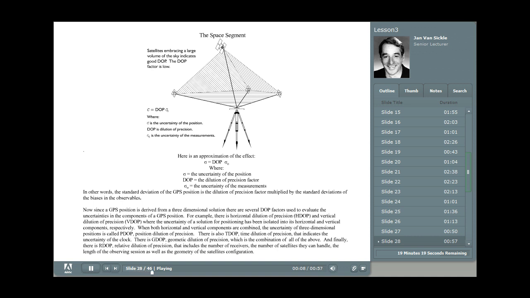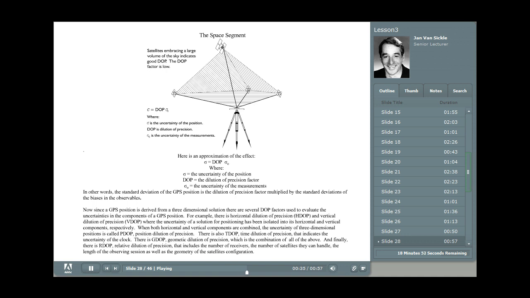Now, good DOP, where the value is low, occurs when the satellites are much more spread out and embrace a larger portion of the sky. Now, there's various flavors of it. There's HDOP, horizontal dilution of precision, and VDOP, vertical dilution of precision, and so on.